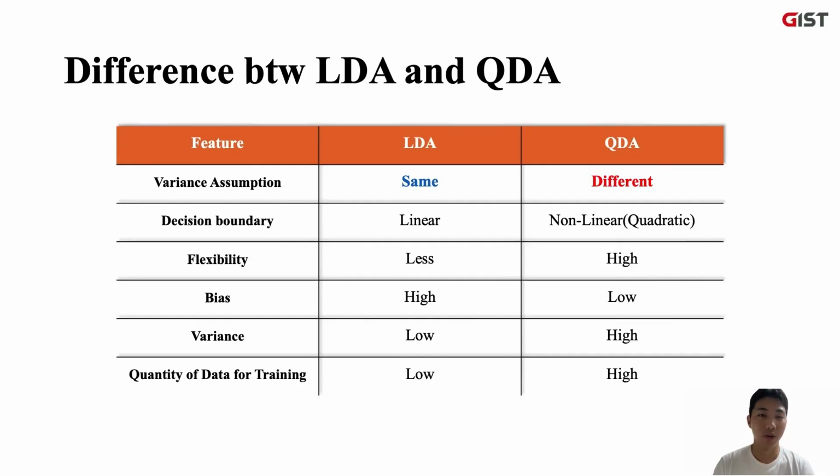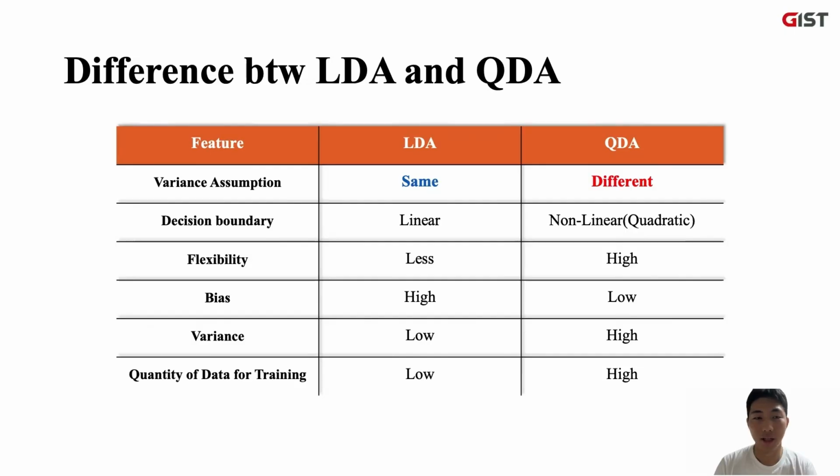The shape of the boundary is directly related to the model's flexibility. Naturally, a complex curve is more flexible than a straight line, which is why QDA has much higher flexibility than LDA. Because QDA has more parameters, this flexibility leads us directly to the bias-variance trade-off in machine learning. LDA is a simpler model with a strong constraint that the boundary must be linear.